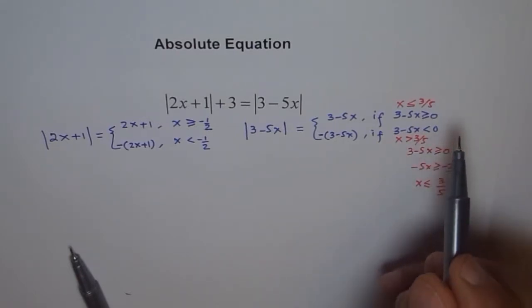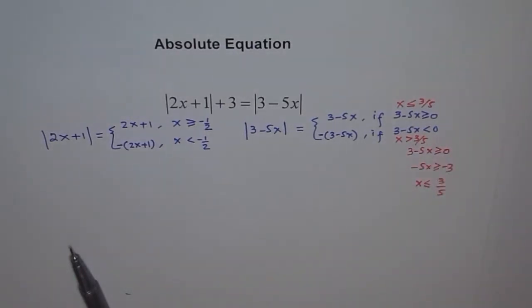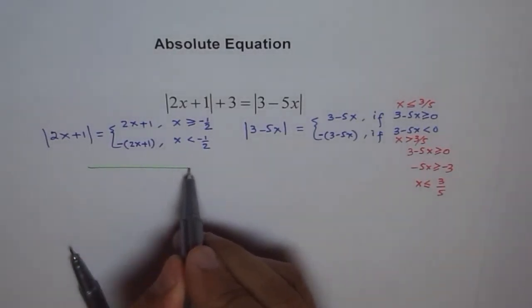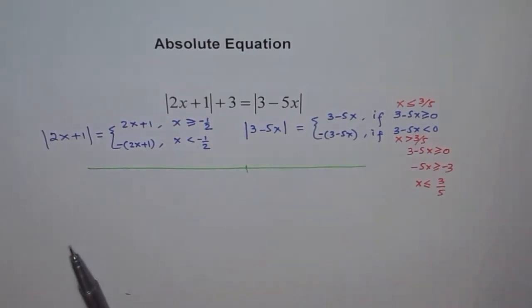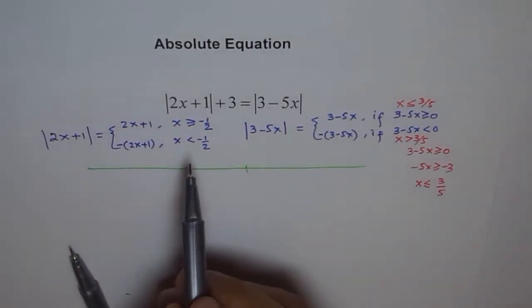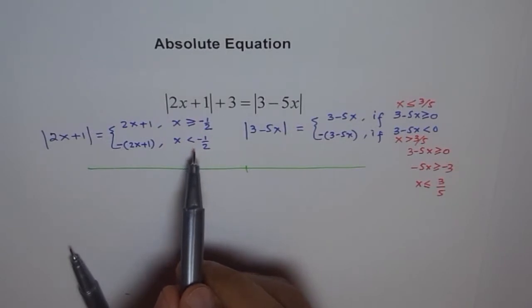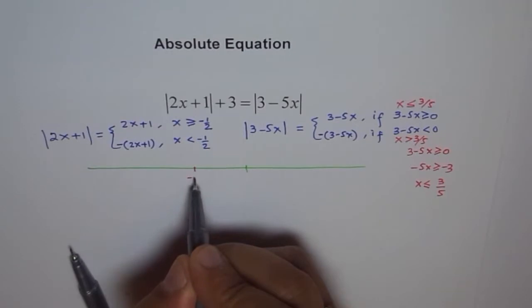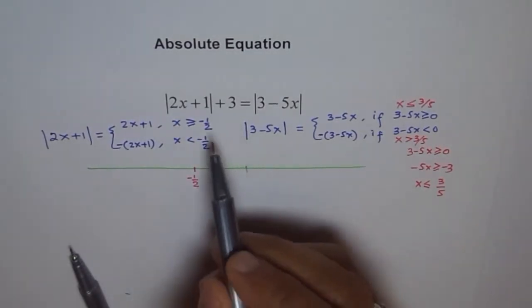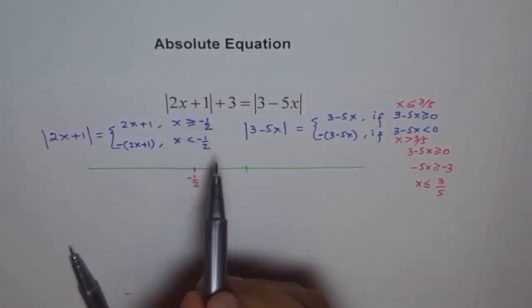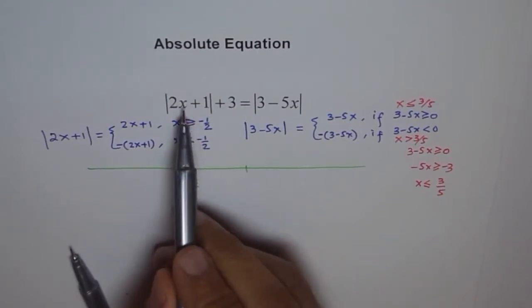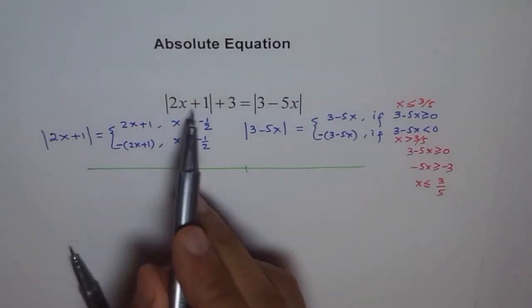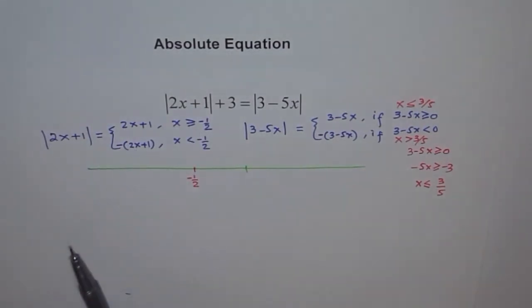Correct? Now, if you see a number line, on a number line we can check where these points are. Let's say this is our minus half. If we are on this side, then this function 2x plus 1 will be positive, but on this side 2x plus 1 will be a negative value, correct?